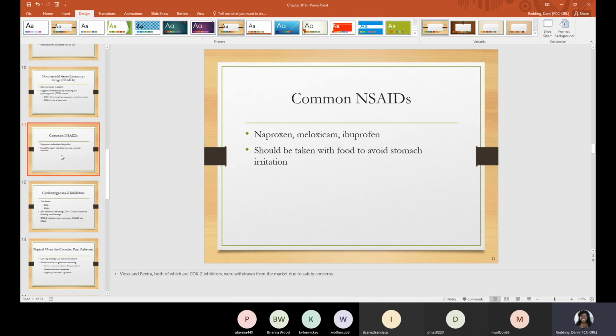When NSAIDs are taken, they should be taken with food to avoid stomach irritation. As I mentioned before, it's important to take it with food, because if not, then it's going to hurt the lining of the stomach. I want to make a correction with the ibuprofen. It's Advil. Oftentimes, people have to make sure that they're saying the right one. So you have Advil and you have Aleve.